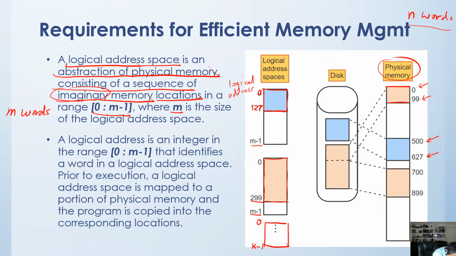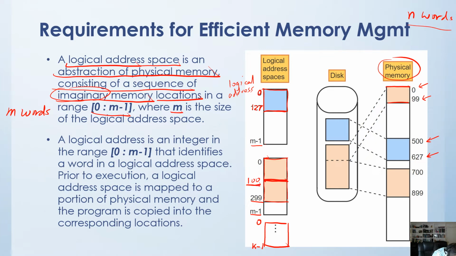Now, each statement in the program is placed in a logical word and has a logical memory address. For example, this is probably logical address 100. Typically, the logical address measures the location of this particular word relative to the beginning of the logical space.